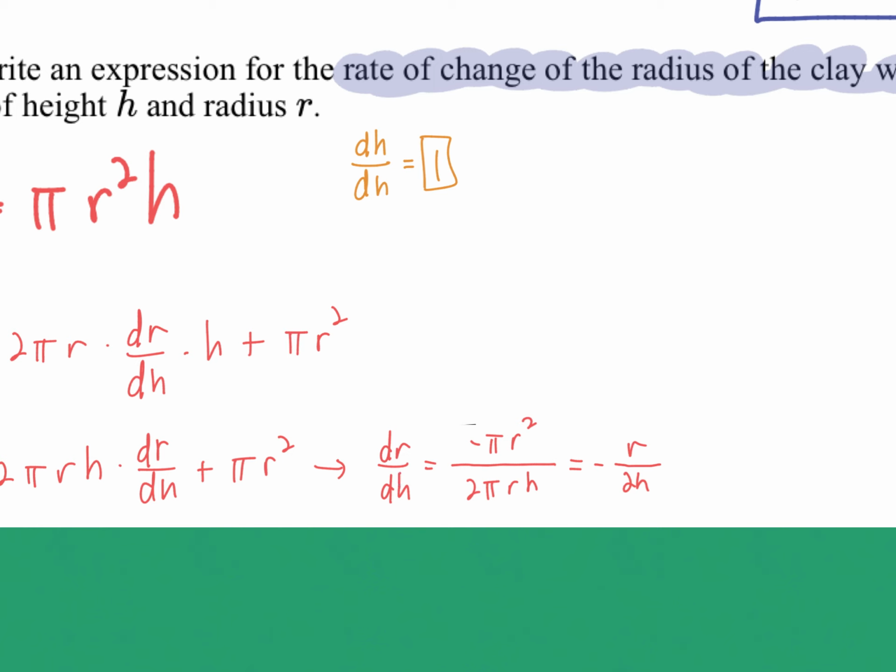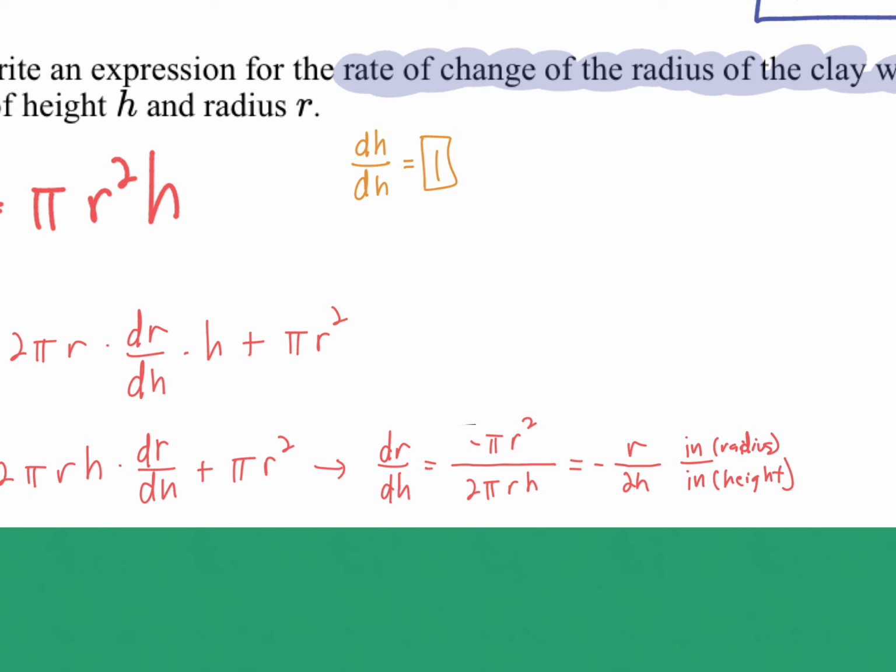Okay, and so units are units of radius divided by units of height, and you could say inches per inch. A lot of times you can cancel out those units, but it's really inches of radius divided by inches of height.